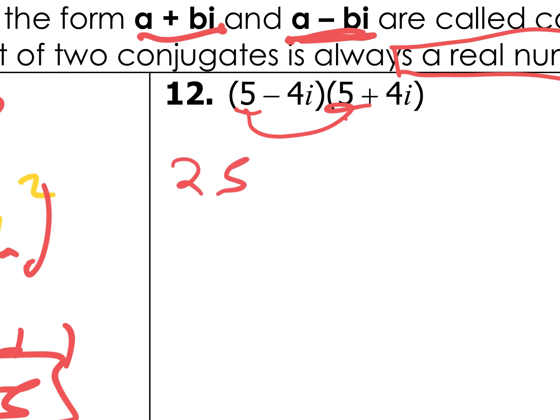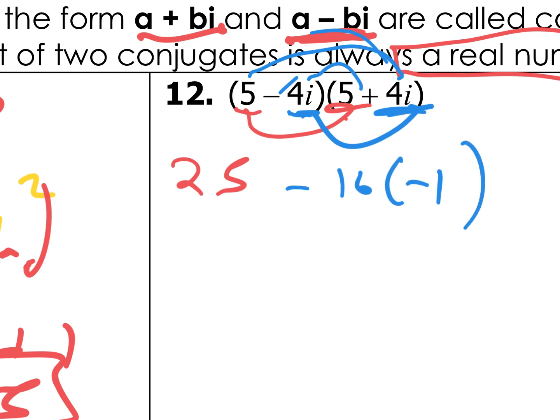Now, you already know that the outside and inside will cancel. That's a plus 20, that's a negative 20, they're going to cancel. So just worry about the negative 4i times the positive 4i. That's all I care about. How much do you think that's going to be? 16i. Well, what's i times i? I squared. It turns into a negative 1, right? So it really turns into a negative 16 times a negative 1, which is really what?